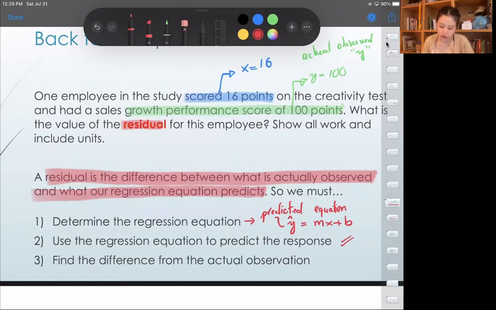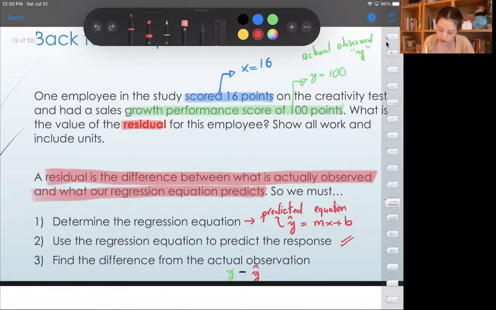Step three is to find the difference from the actual observation. You take the actual observed y, maybe I'll do it in green here, your actual observed y, and subtract your predicted y, which we denote y hat. How do I get the y hat? Again, from there.